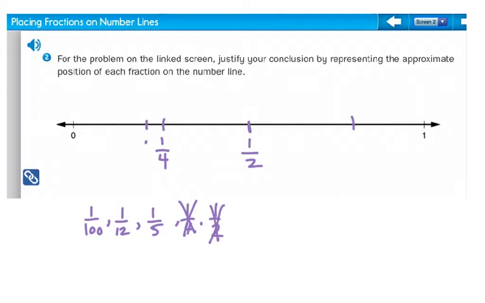So maybe just before that. 1/12 would be pretty small too. You think of that line being in 12 equal parts. And 1/100th, if that line was in 100 equal sections, 1/100th would probably be right there. So go ahead and place those on your number line.